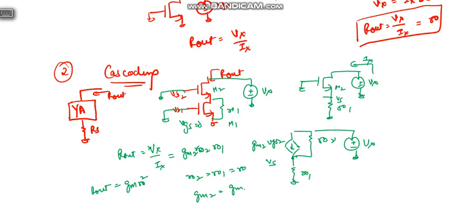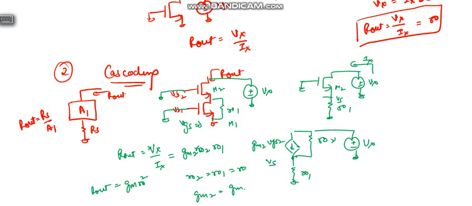Just remember this point: this is a block cascaded with some resistance RS, and say the gain of this block is A1, then Rout equals RS by A1.